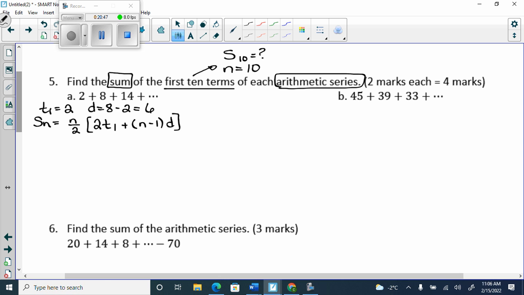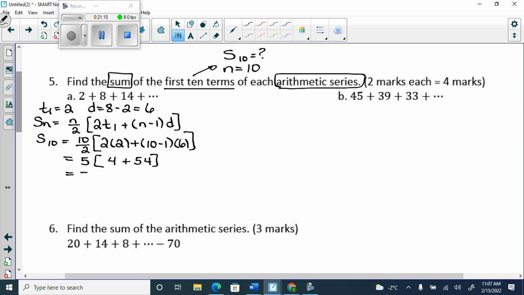Okay, so we have S10 equals 10 divided by 2, bracket 2 times 2, plus 10 minus 1 times 6. So we get 5, and then 4 plus 9 times 6, which is 54.